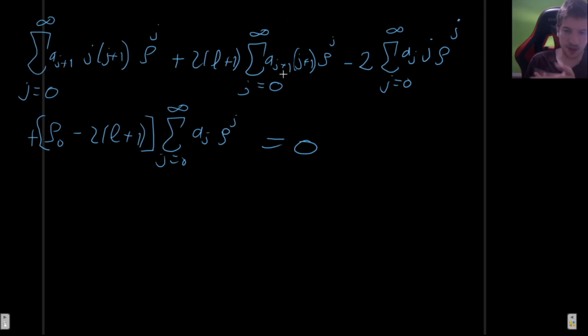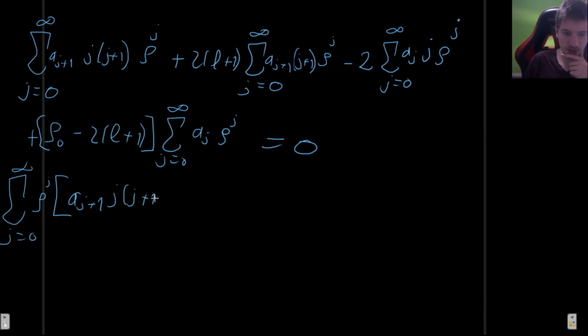Because before, the first term was j equals 1, and it was basically the same thing that it is going to be if you just put j equals 0 in here, right? You can compare those two expressions, they are the same. And now everything here has rho to the j. So let's factor that out. Put everything into the same summation because everything starts with the same index and it has the same rho to the j. So let's factor out this rho to the jth, and we have a j plus 1 times j times j plus 1.